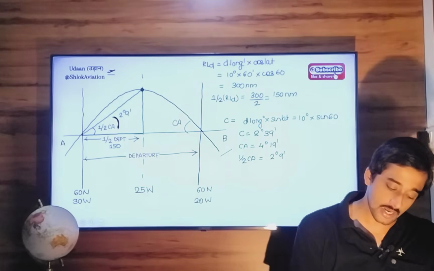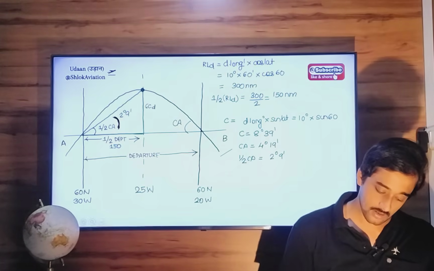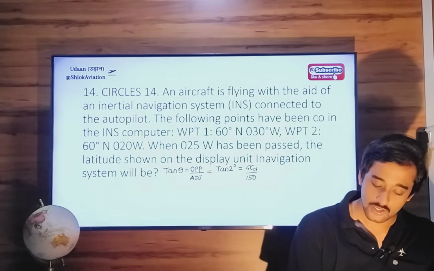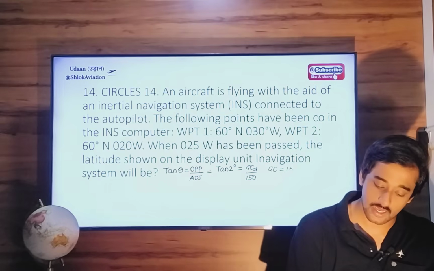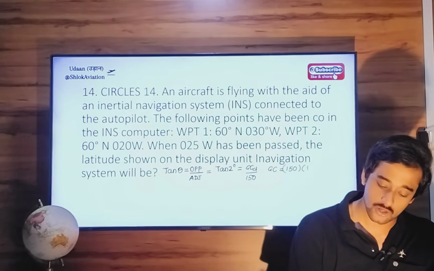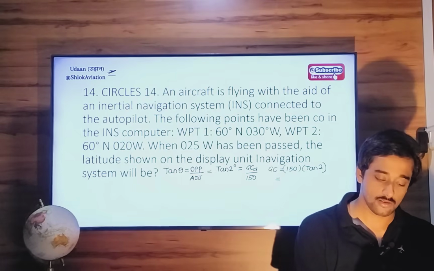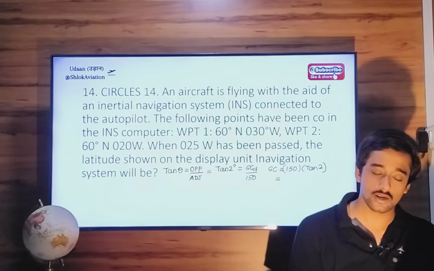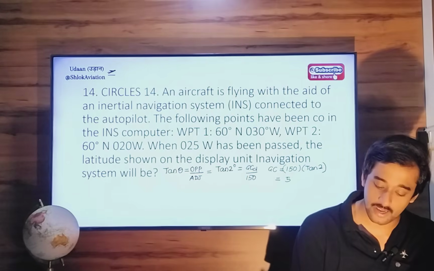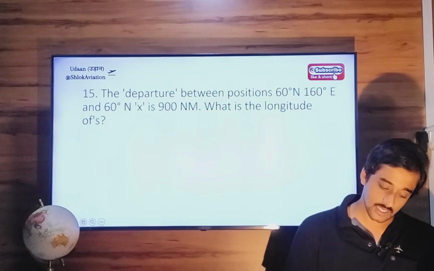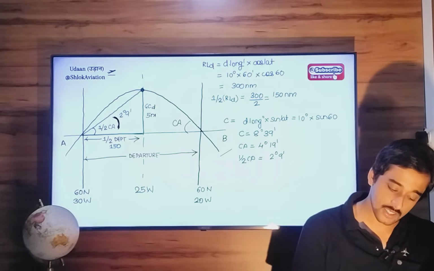This is nothing but your great circle distance divided by 150 miles. So great circle distance is 150 tan 2, 5.2 nautical miles, or approximately 5 nautical miles. So this distance is 5 nautical miles.